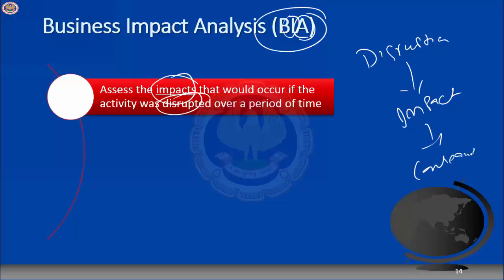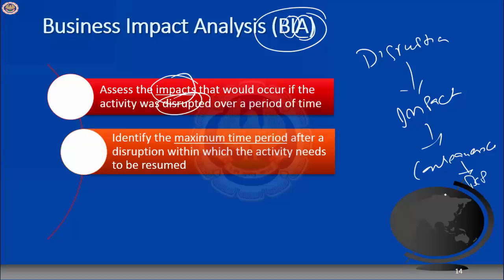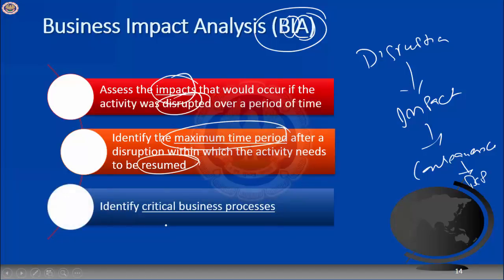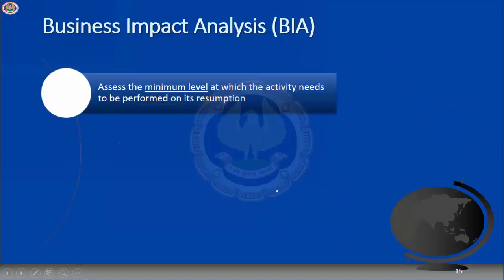And based on the consequence, the criticality, you need to define how you're going to prepare the mitigation plan which has to be covered in the BCP. Identify the maximum time period after disruption within which the activity needs to be resumed, and also identify the critical business process. The most important aspect of a business continuity plan is to actually identify the critical business processes.